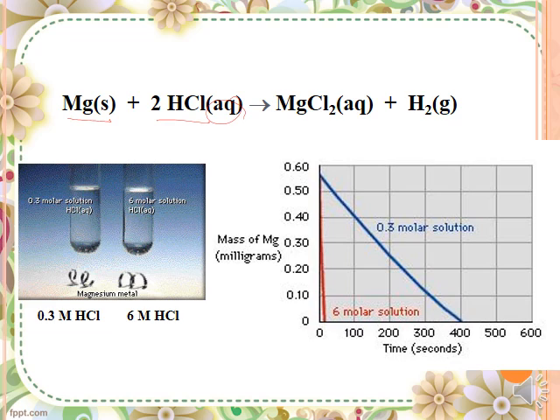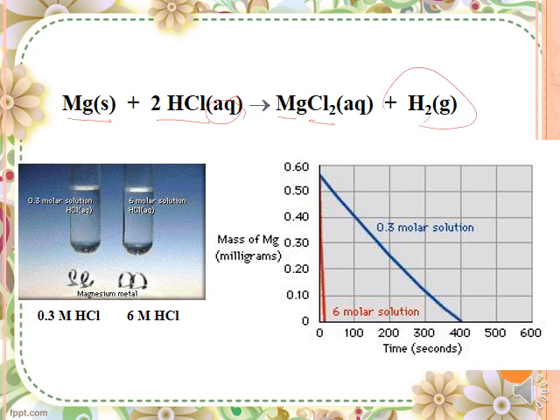This leads to the formation of magnesium chloride, which dissolves, so the magnesium solid dissolves in the acid, and at the same time releases hydrogen gas.